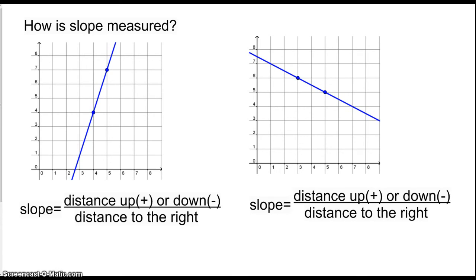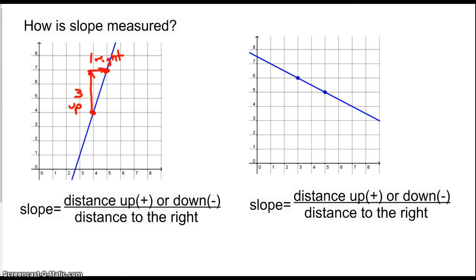So for this example on the left, to find the slope, what you need to do is find 2 points on the line, and you can pick any 2 points that are convenient. I've got 2 of them marked here that are right at intersections on the grid. And then I need to figure out, as I go from the left point to the right point, how far up or down am I going? Well, I'm going 1, 2, 3 units up, and then I go 1 unit to the right.